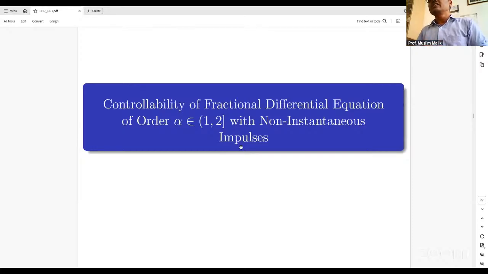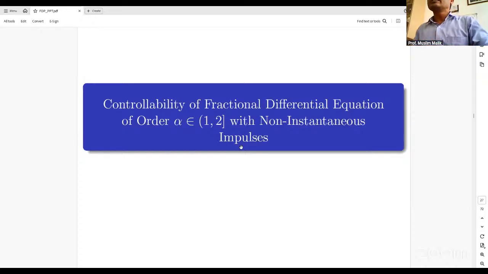So what do instantaneous impulses mean? In daily life, if anything happens suddenly, for example an earthquake for a very short fraction of a second, or when we hit a rod with a hammer, the dynamics of the rod change. But the period for which we apply the extreme force is negligible. So this kind of activity is known as instantaneous impulses.